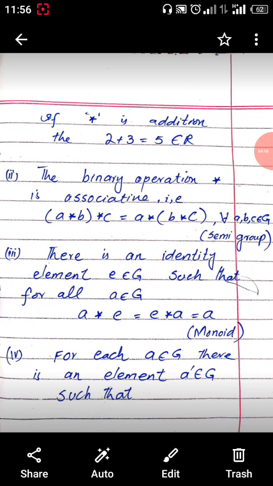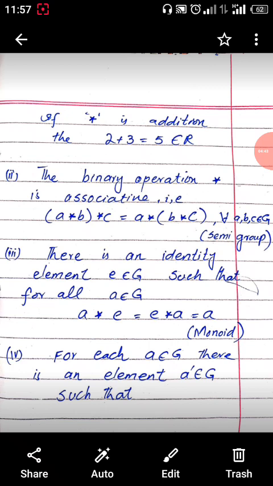So, in general, we say that e is an identity element in G. In that non-empty set, an identity should exist, and it should be the unique element. There is no other element which we call identity. So we write a * e = e * a = a.